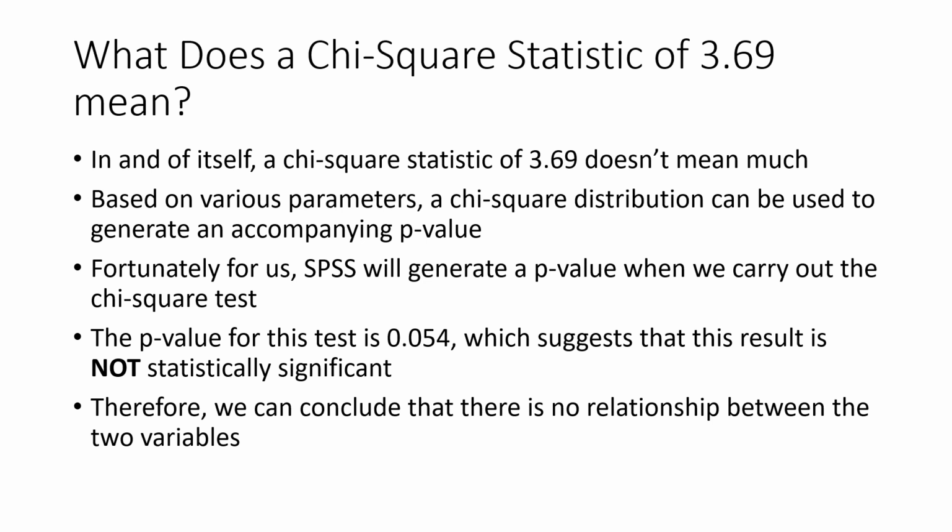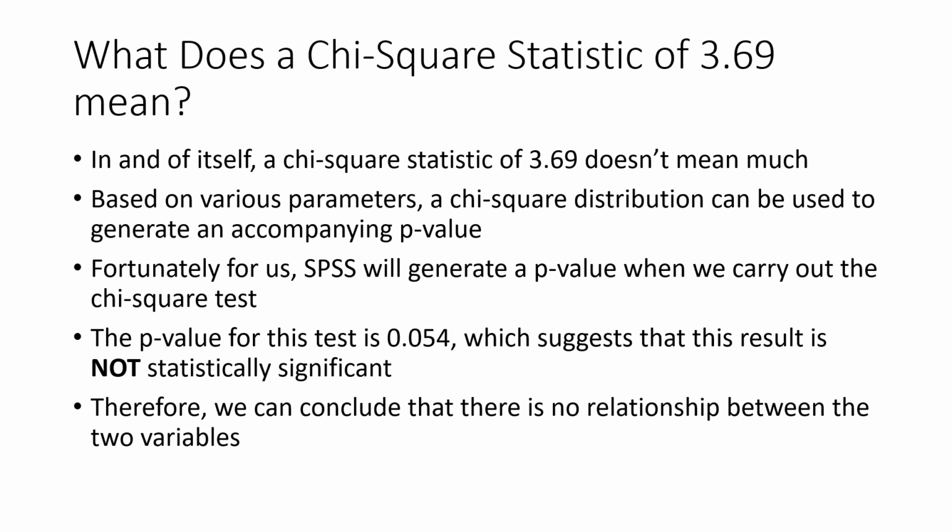Now, in order to come up with the p-value, we need to look at the various parameters of the test. And fortunately, SPSS will do this for us, right? So the p-value in conjunction with the chi-square statistic will depend on the number of cases in the test and the degrees of freedom.